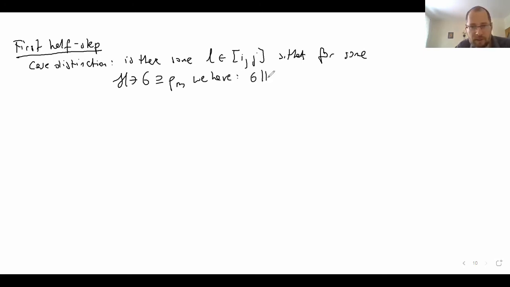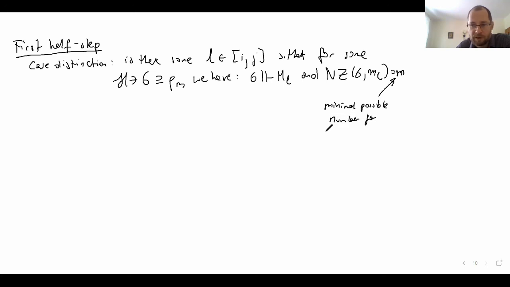Firstly, it satisfies that configuration of that number, ml, and secondly, it has the minimal allowed number of non-zeros. Okay, so recall that this is the minimal possible number. Right now, minimal possible number for an extension of rho over rho m. And configurations between Mi and Mj, right?